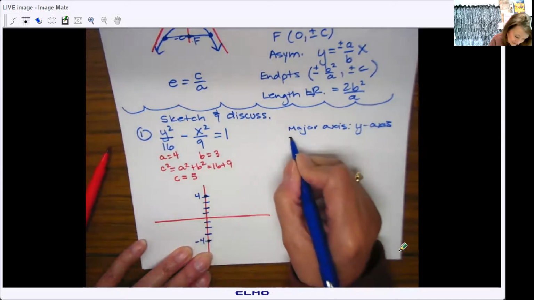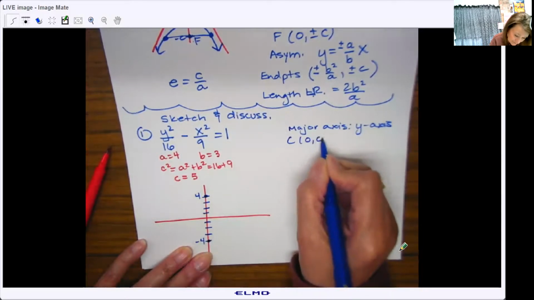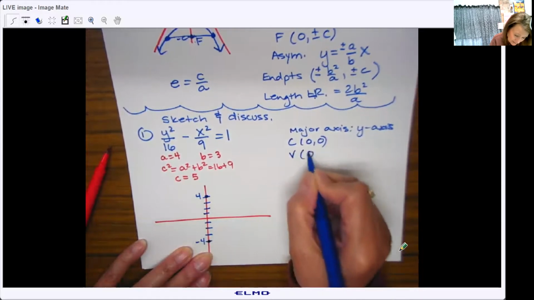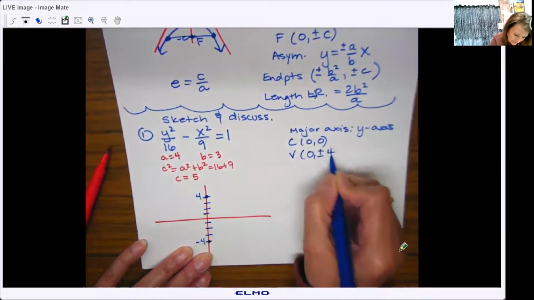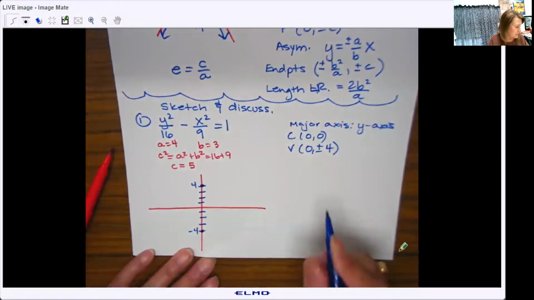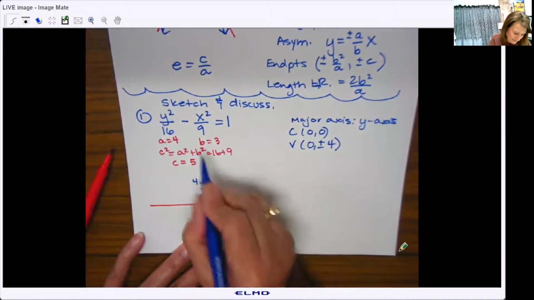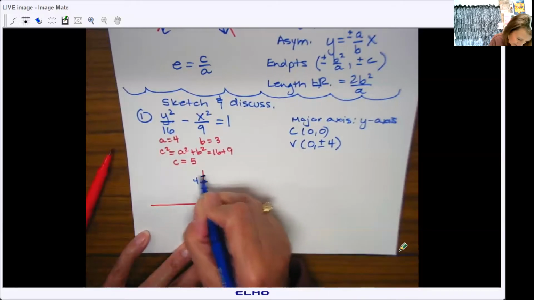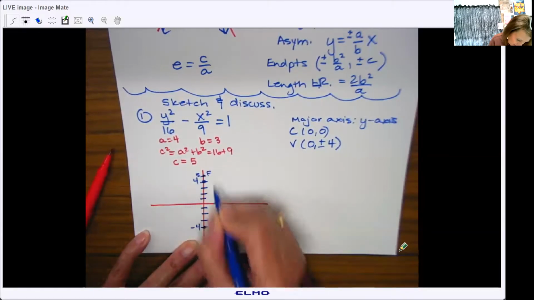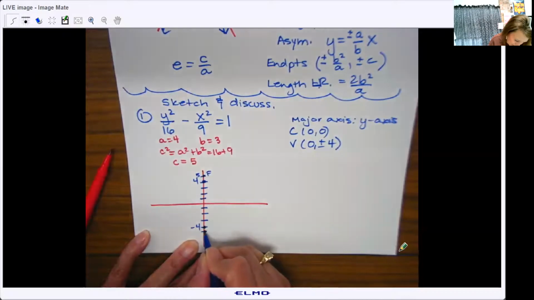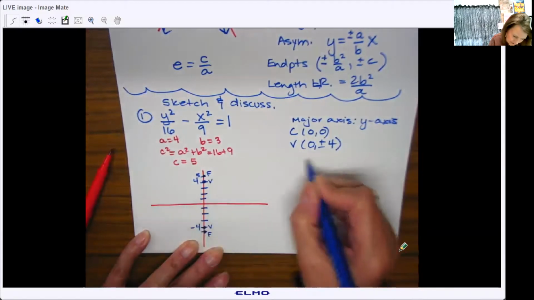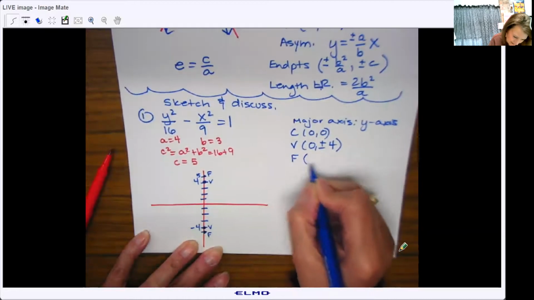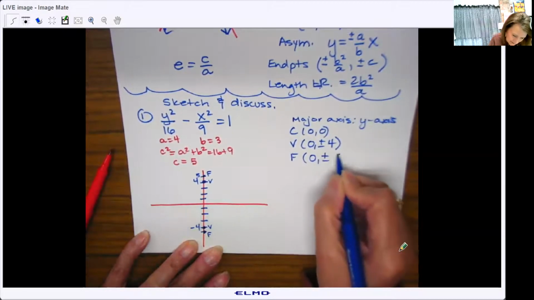So the center, of course, is 0, 0. Vertices are going to be 0, plus and minus 4. There are no co-vertices, okay? The foci involve the C. So the foci are going to be up here at 5. There's a focus, and there's a focus. There's a vertex, there's a vertex. The foci are going to be at 0, plus and minus 5.